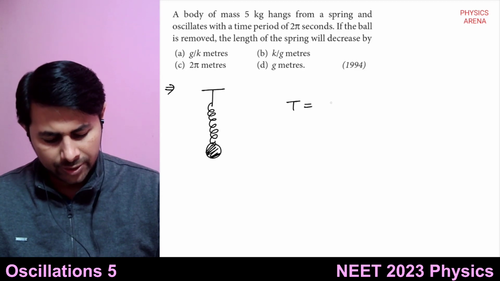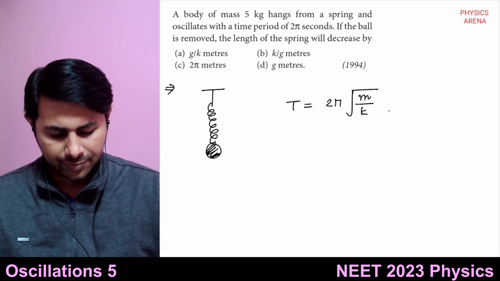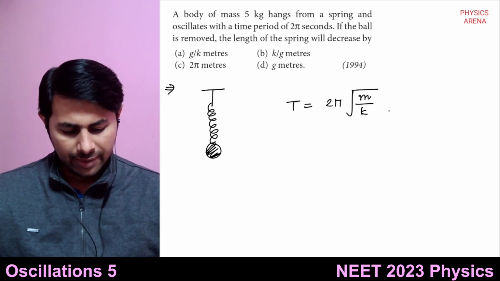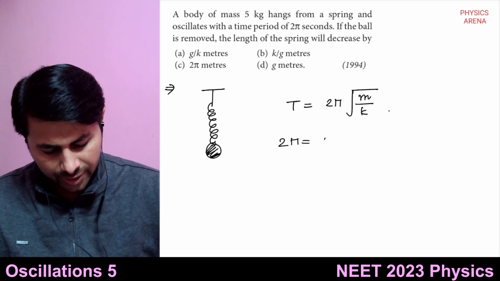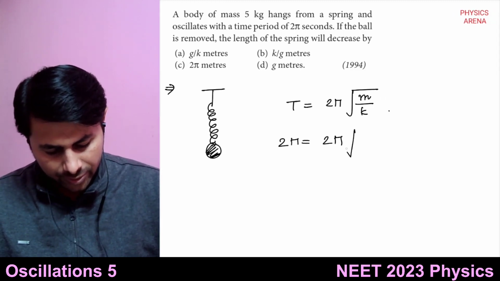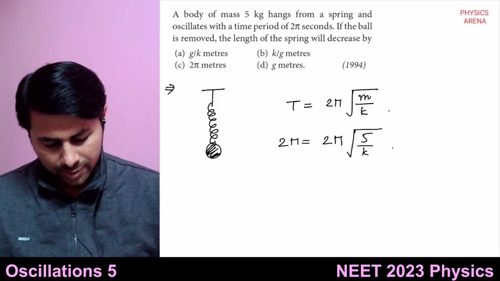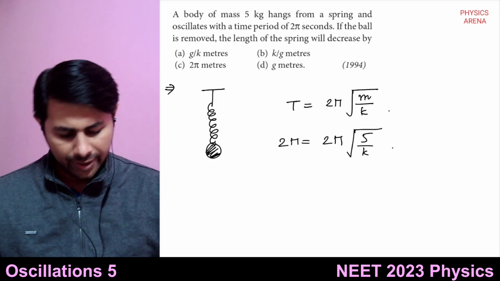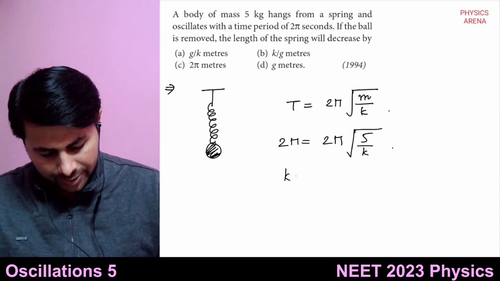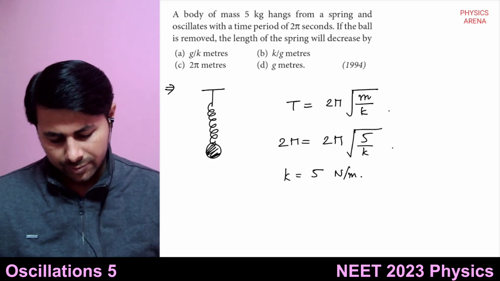So we know T equals 2 pi square root of m by k, right? M is 5. So T is 2 pi, equal to 2 pi root of 5 by k. So 2 pi gets cancelled. So 1 equals root of 5 by k. That means k equals 5 newtons per meter.